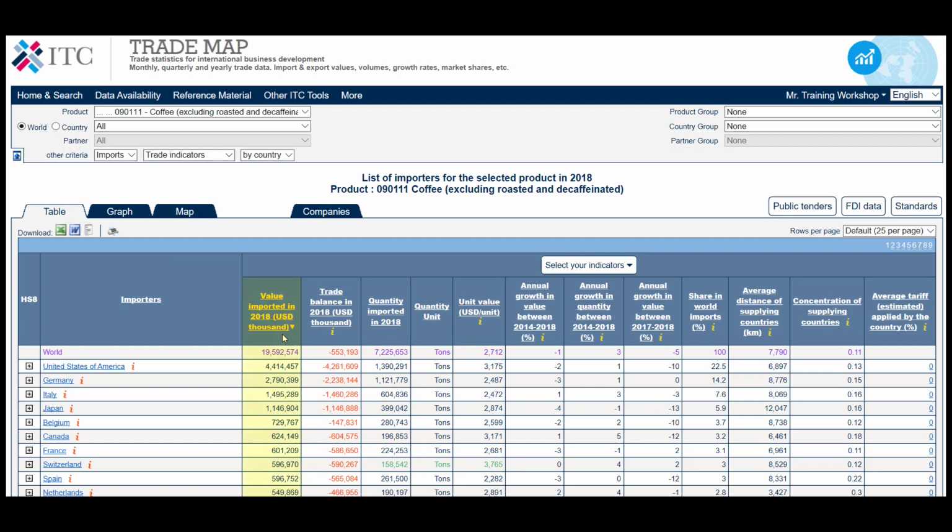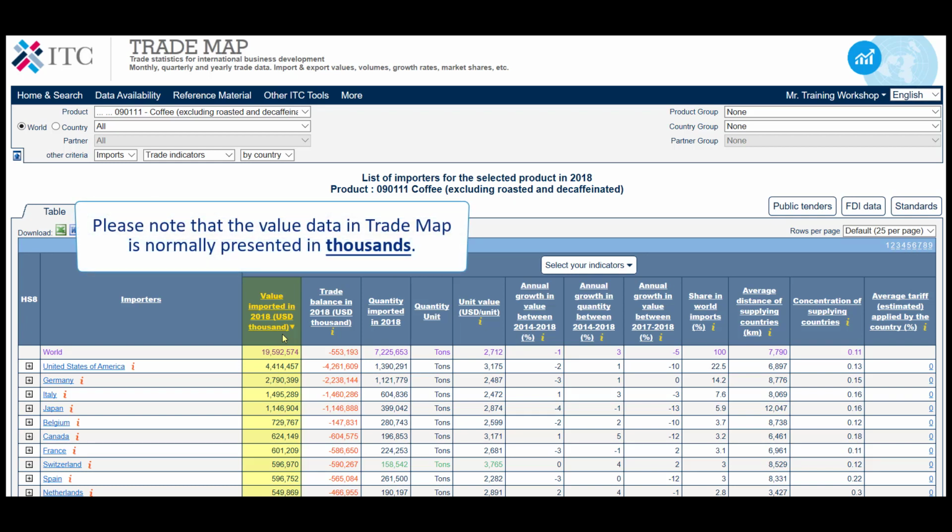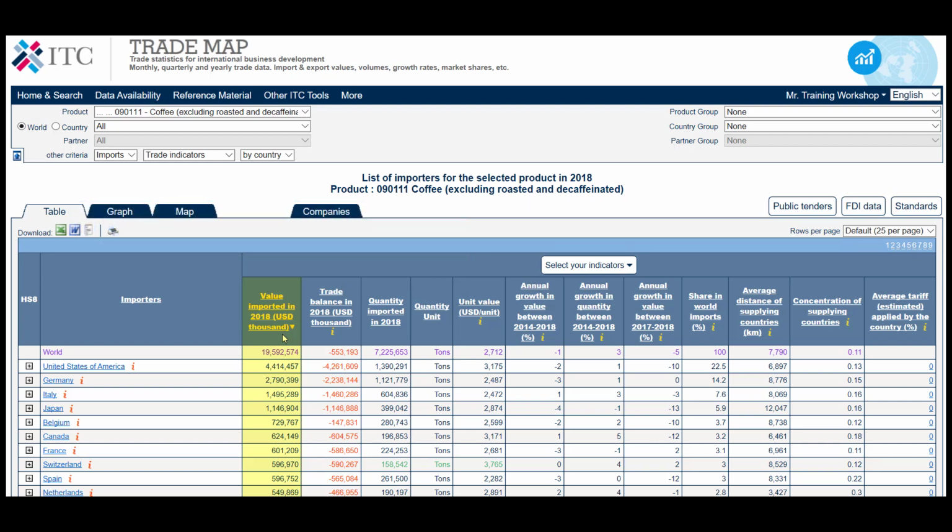First, the imported value during the last year in thousands of US dollars. This is the market size in dollar terms. Please note that the value data in TradeMap is normally presented in thousands, such that reading 19,592,574 means the total imported value for the world in 2018 is 19,592,574,000 US dollars.